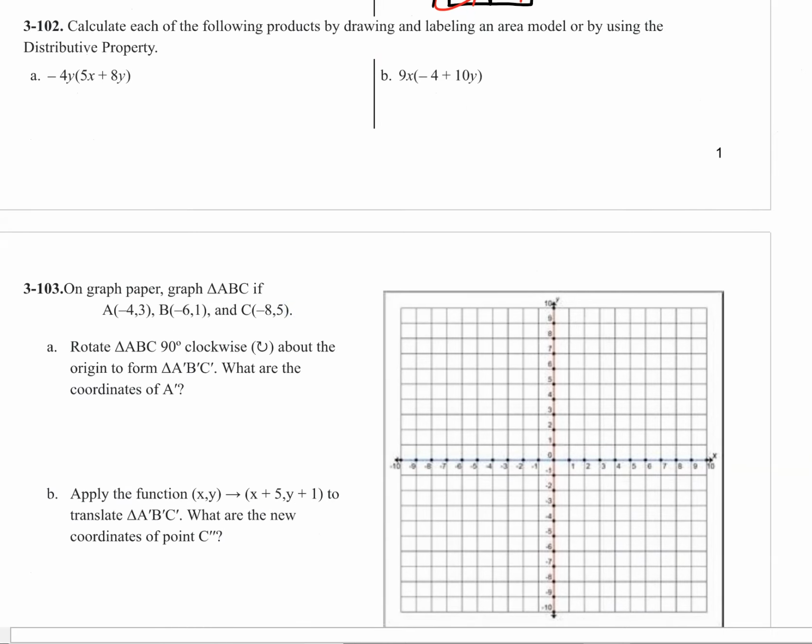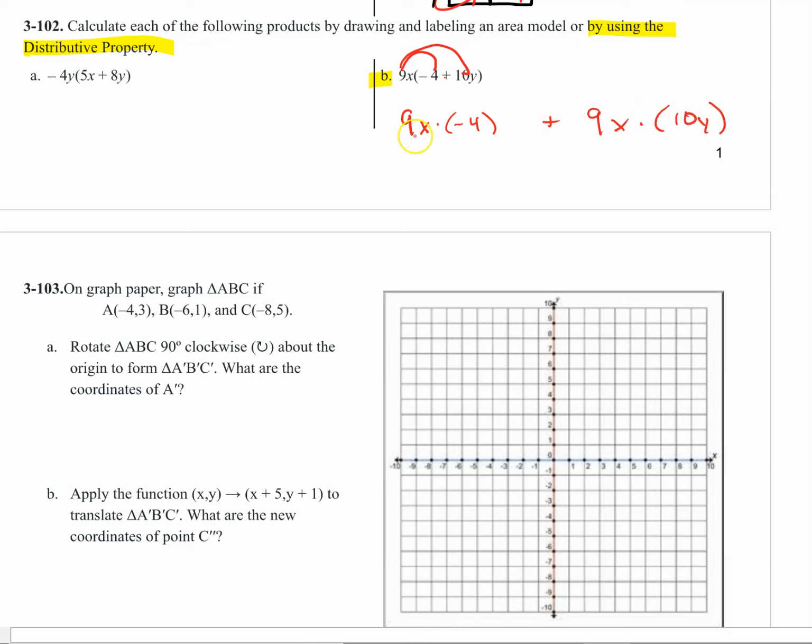3-102. Calculate each of the following products by drawing and labeling an area model or by using the distributive property. I'm going to do that for B. Part B. Distribute the 9x. So we have 9x times negative 4, and then there's a plus sign, 9x times 10y.